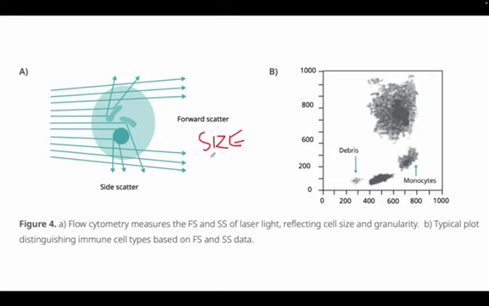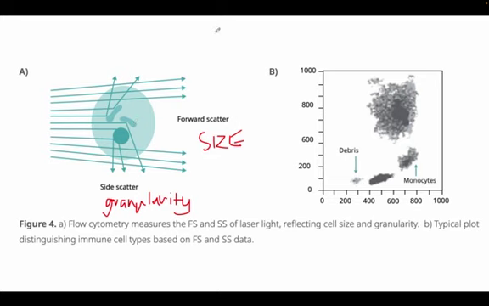Forward scattering is going to tell us the size of the cell, whereas side scattering means light which is going to encounter organelles within the cell and be scattered from within the cell. So what side scatter tells us is a property of the cell called granularity.